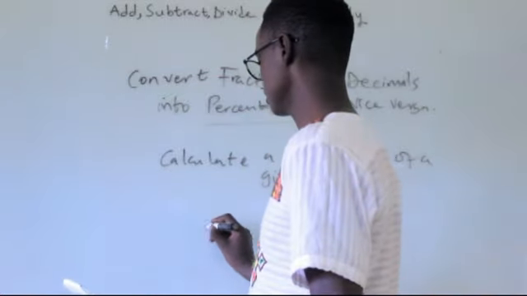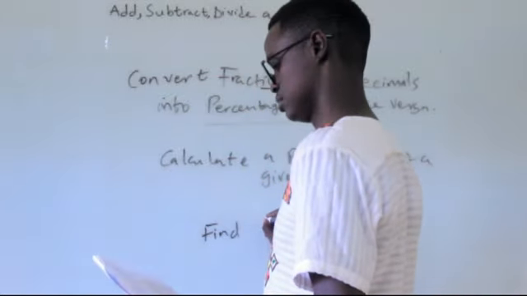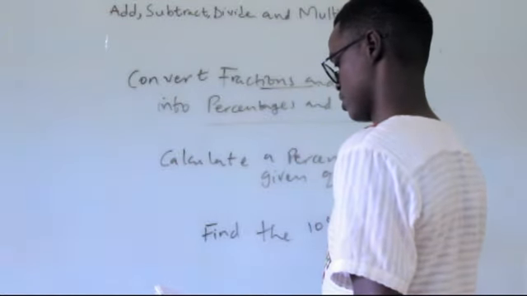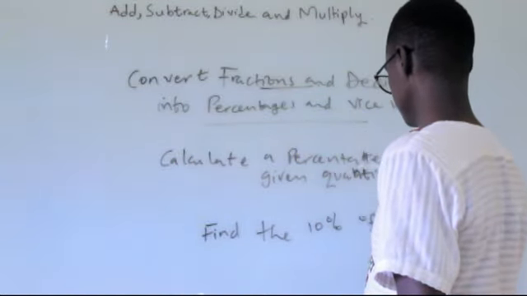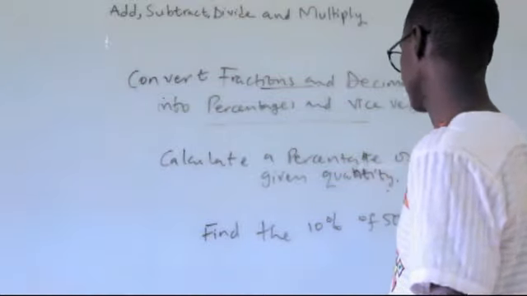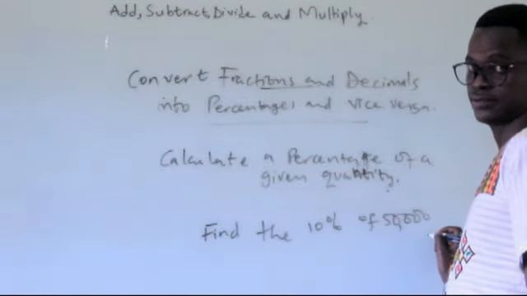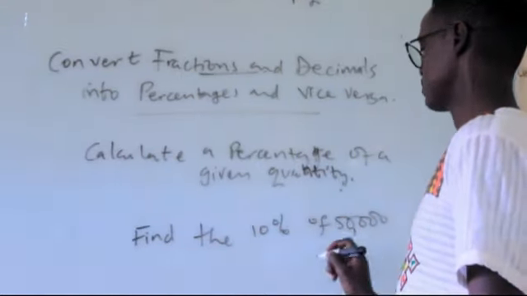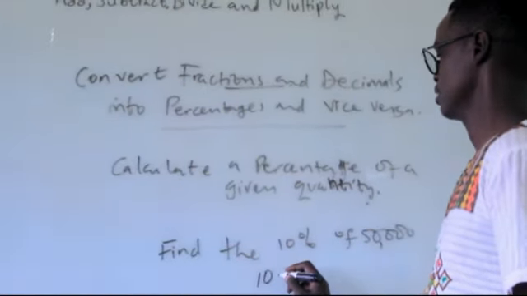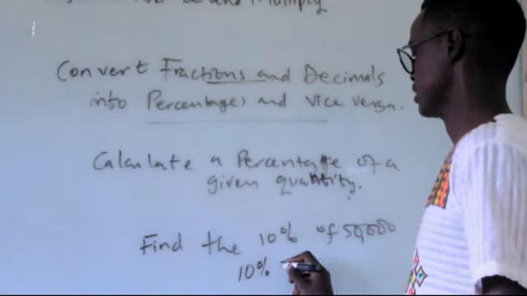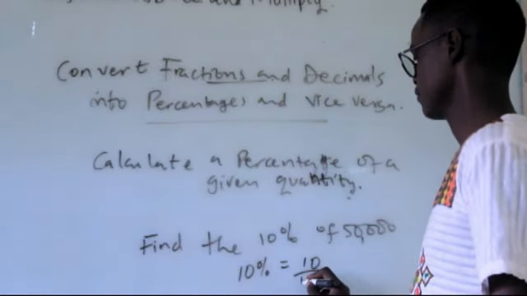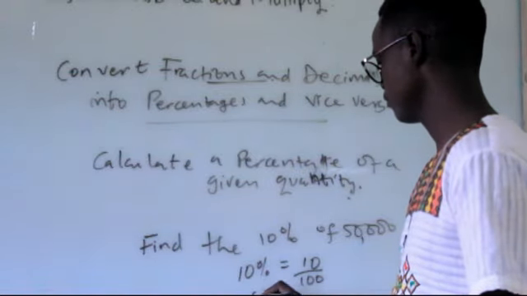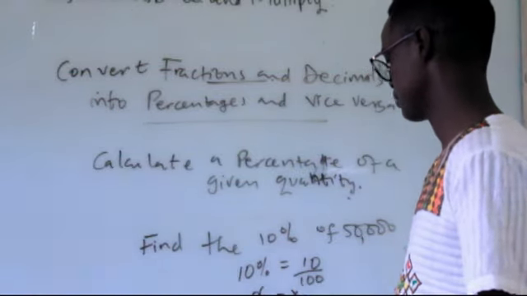10% of 50,000. So we have our quantity. For example, it's money, 50,000. So what is 10% of that money? 10%, we have said, is the same as writing 10 out of 100. So this means of is the same as multiplication.